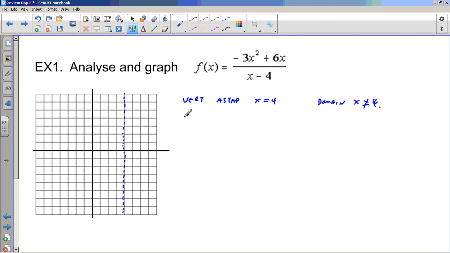Now what about the horizontal asymptote? Well, remember that this is the analysis about which polynomial, the top or the bottom, dominates, the degree. So the degree on top is 1 more than the bottom.